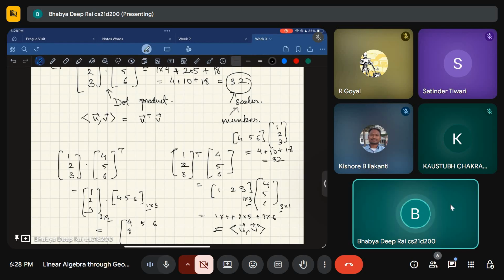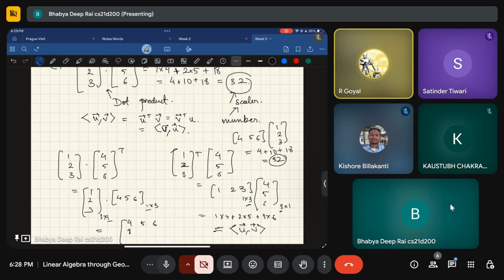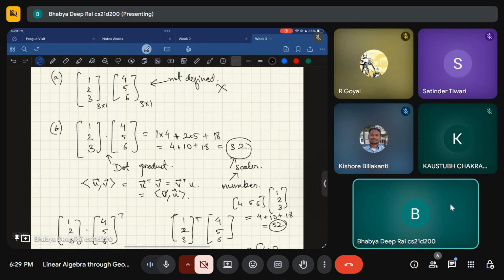It does not matter in which way you multiply. If the transpose symbol is coming in between two vectors, U and V, then it is the inner product. The other side could be either a U or a V. If it is coming inside, then it is an inner product.